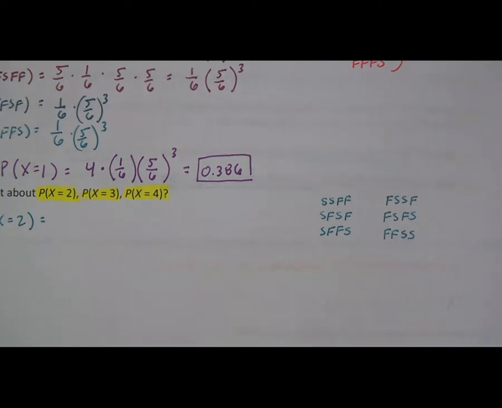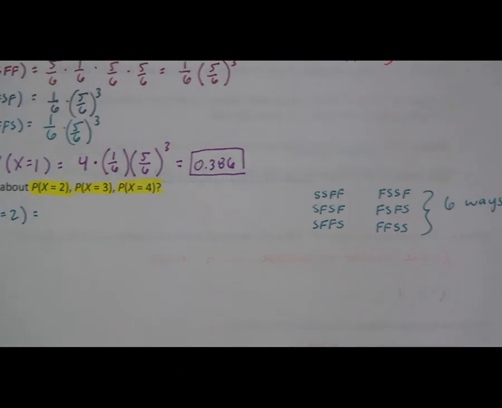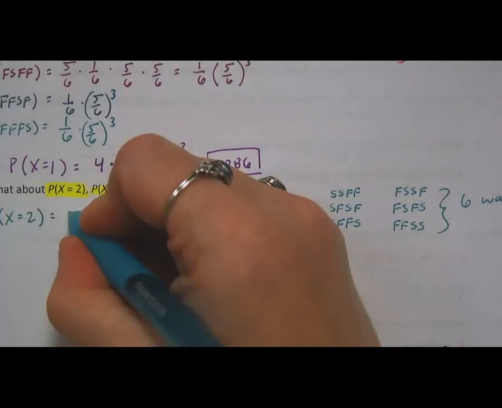That's kind of a pain in the butt. What if you were to accidentally forget one of those? It would ruin your whole problem. So keep that in mind. But we just discovered there are 6 different ways, 6 different positions that those successes could be in the 4 rolls that I did. So that becomes the coefficient. The 6 now goes in front.